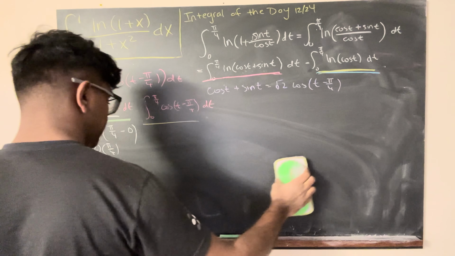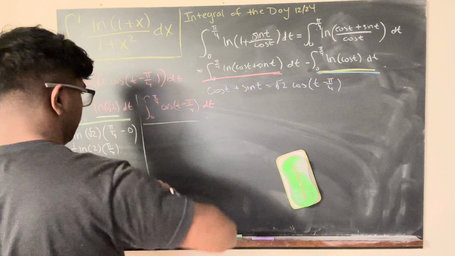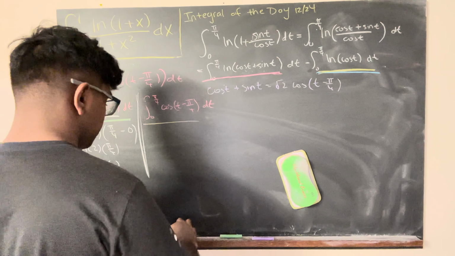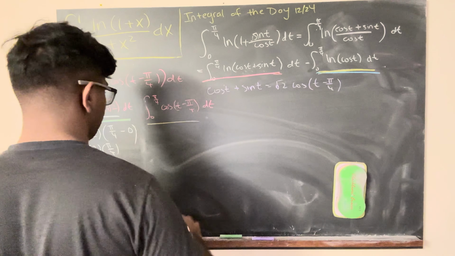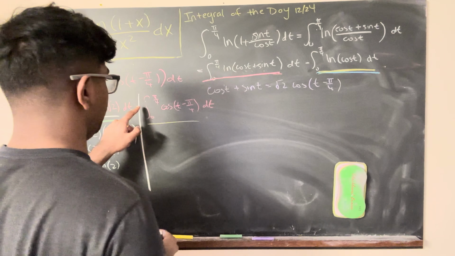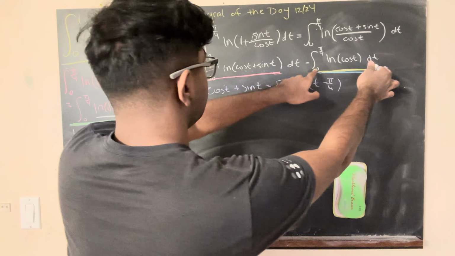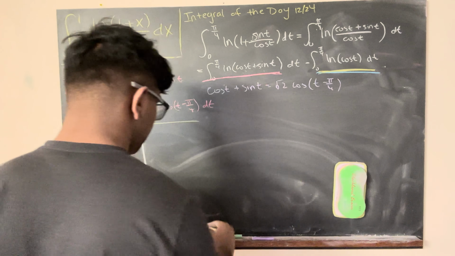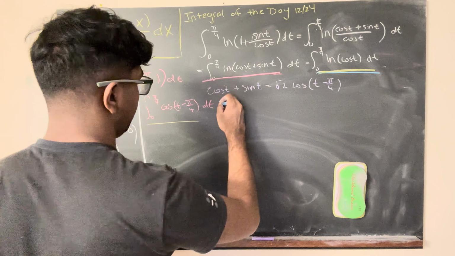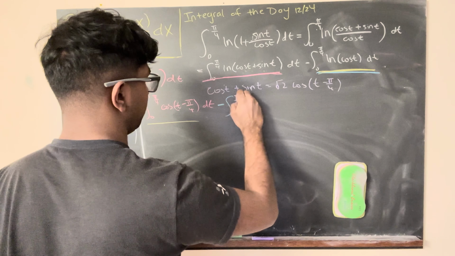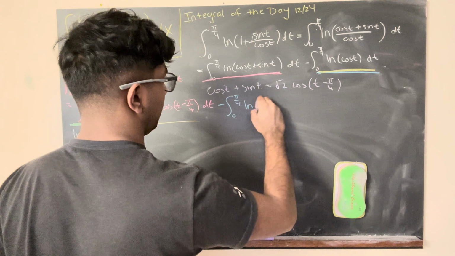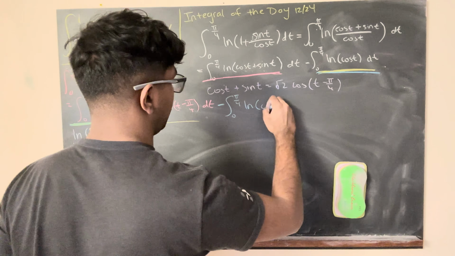So what we have left is, I'll box this off here for now. We have this integral from here, and we have this integral from before. So let's add both of those together here. Let's add this one back in, the integral from 0 to pi over 4 of ln cosine t dt.